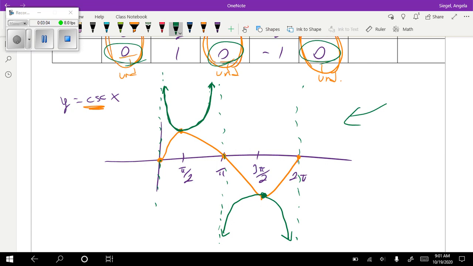Let's talk about range first. Notice that our range starts at 1 and goes to positive infinity here, and it goes from negative infinity to negative 1 down here. So that's how I'm going to write my range.